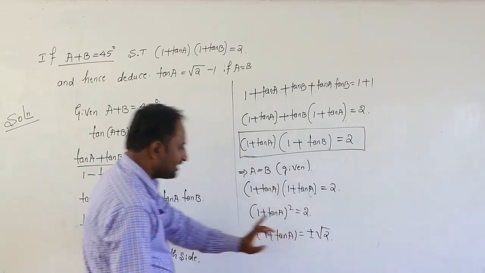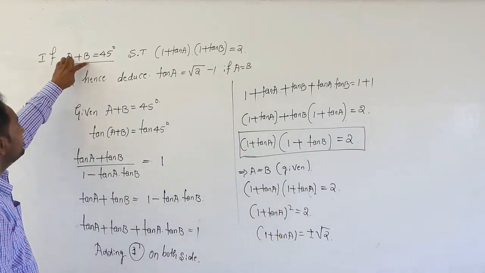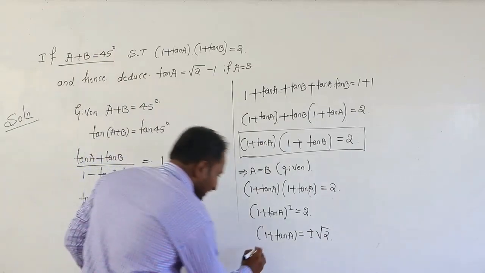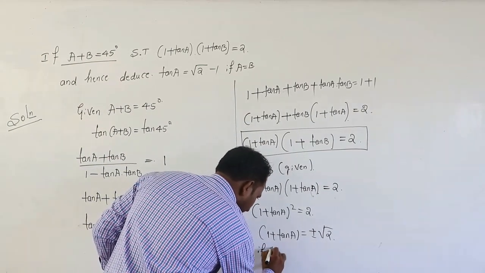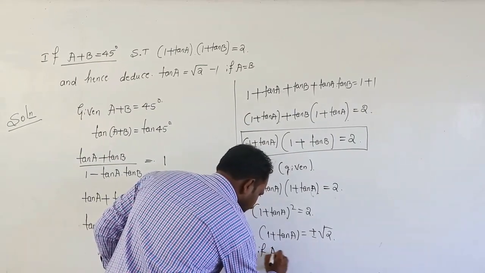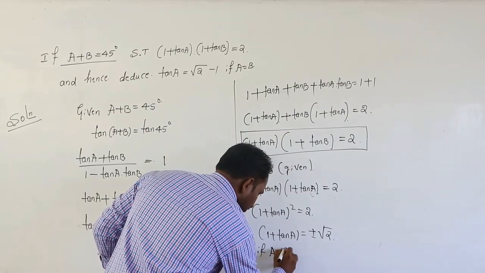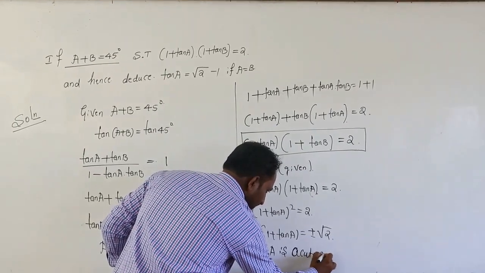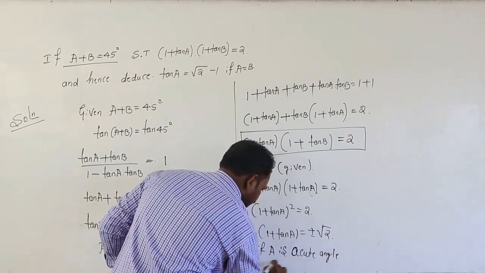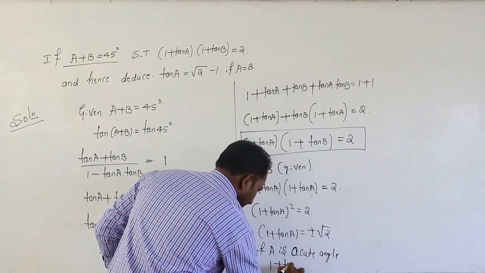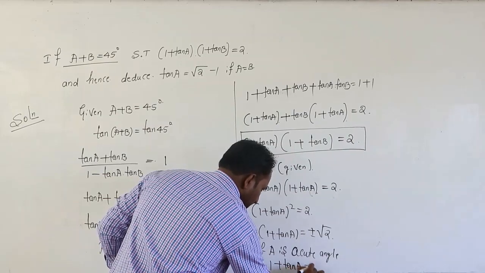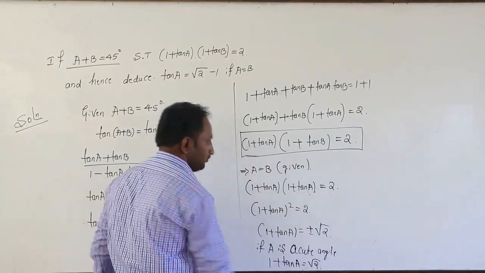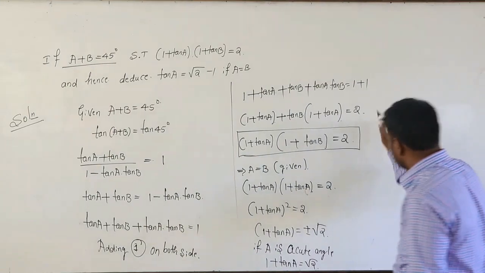Here A is an acute angle because A plus B is 45 degrees. A is an acute angle. That's why 1 plus tan A value is root 2, the positive root 2.